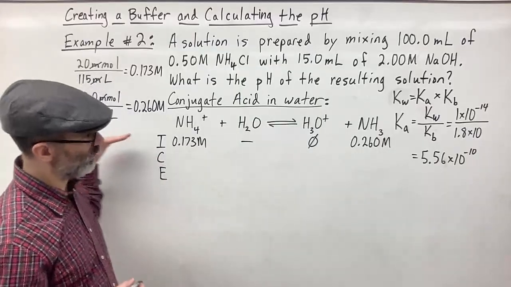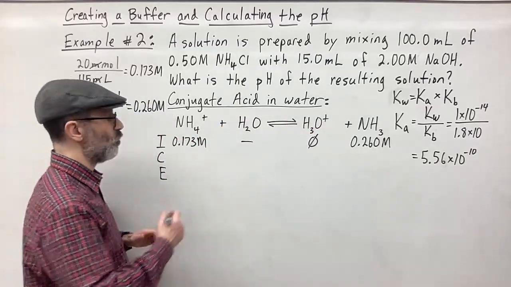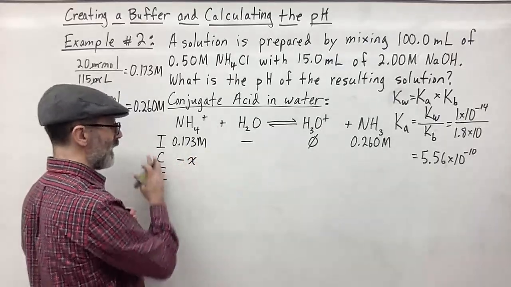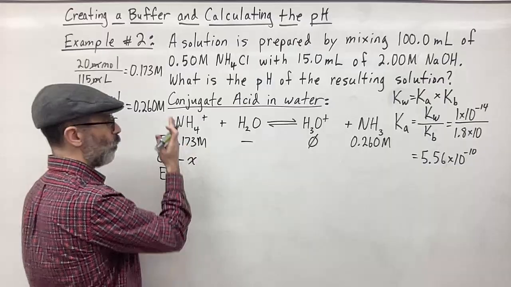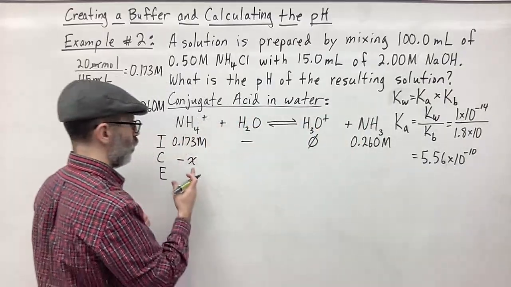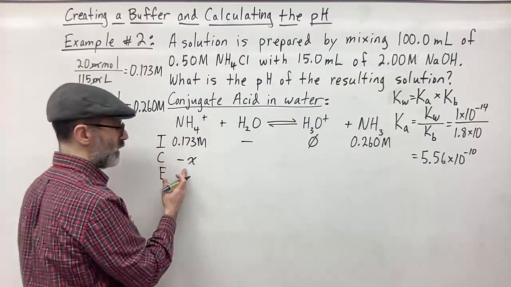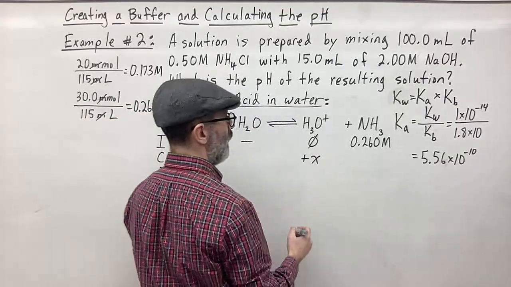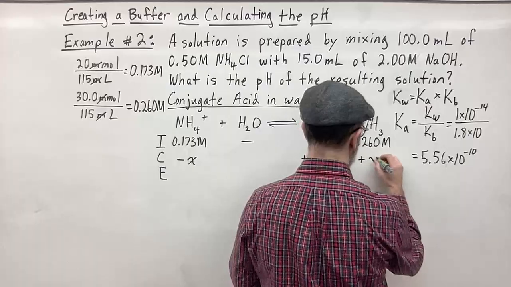So we're going to subtract an X amount from here. So some of this has to be used up. And it's a 1-to-1-to-1-to-1 ratio. So that means that if we lose an X amount here, we're going to gain an X amount here. And we're going to gain an X amount here.